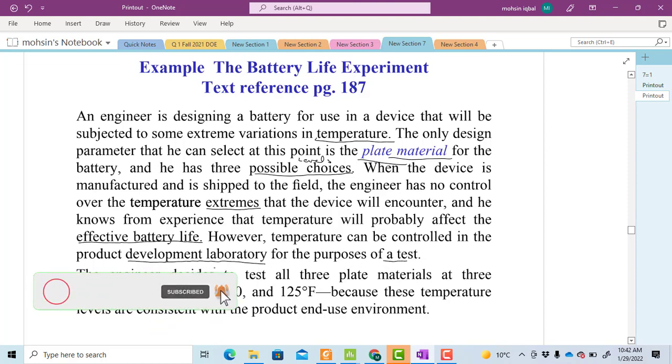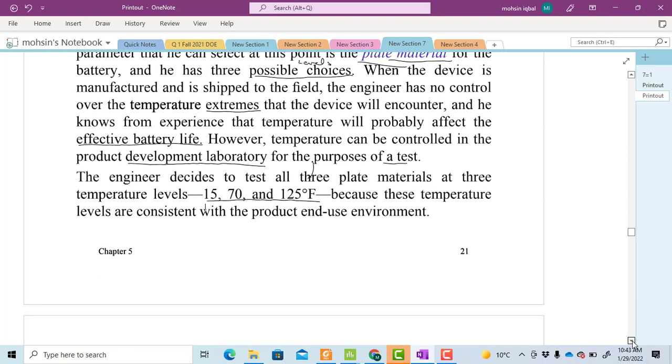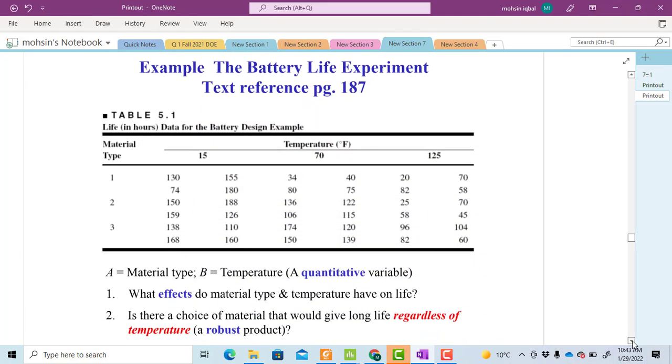So he decided to take all three plate materials at three temperature levels. He has taken 15, 70 and 125 as the three levels of temperature. So we have two factors now. One factor is plate material and the second factor is temperature. He is now going to make a factorial design and then analyze the experiment.